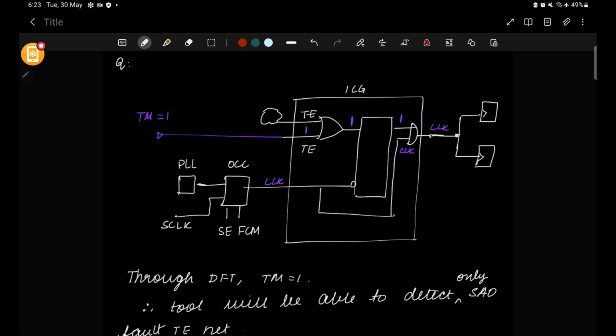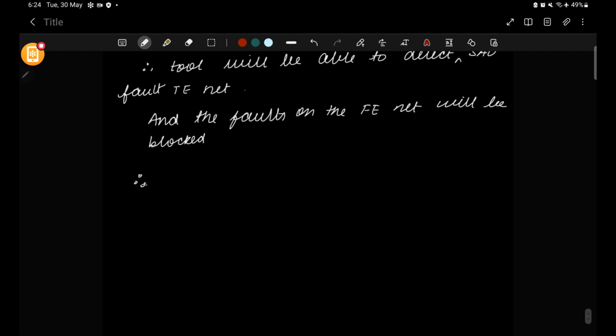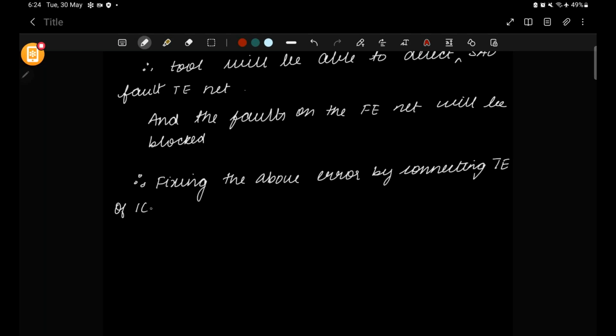If there are any faults in this functional enable net, they get blocked and are not detected. Therefore, fixing the above error by connecting the test enable of ICG to scan enable is more advantageous.